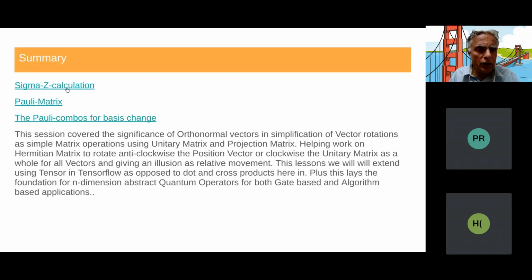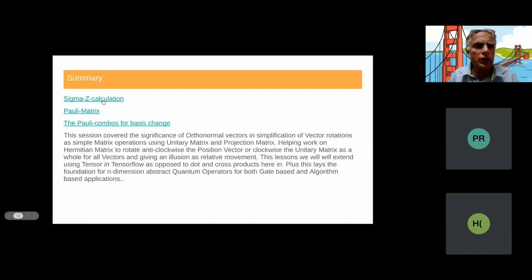We have the calculations here, which is what I was trying to point out. If I go to the sigma z calculation, you can see QCS 101 S04 sigma z computation we have done. If you have 1 0 0 minus 1, and if you have ket 0 as 1 0, then you do multiplication and addition, and you come out as 1 0.